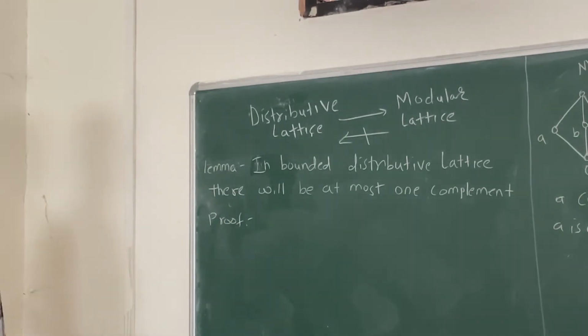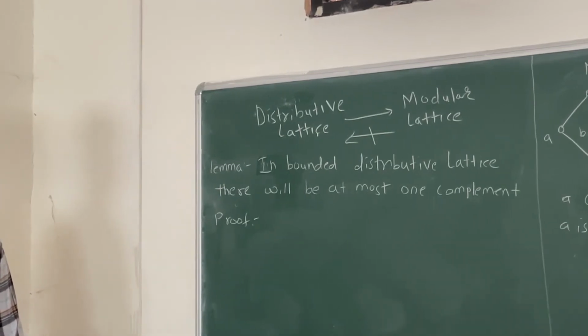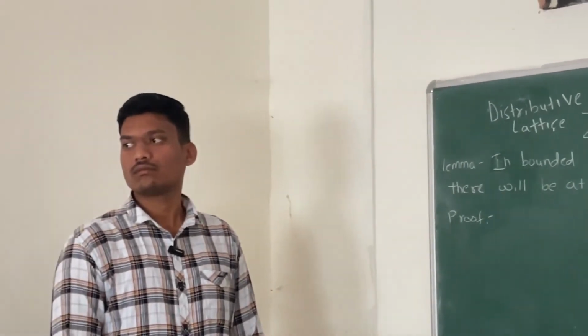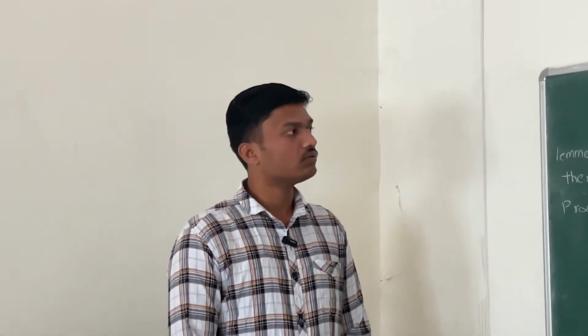Don't just go by writing that we will prove this lemma. You have to understand that there are some lattices where one element can have more than one complement, and that is one example. In that example it is bounded, but it is not distributive.